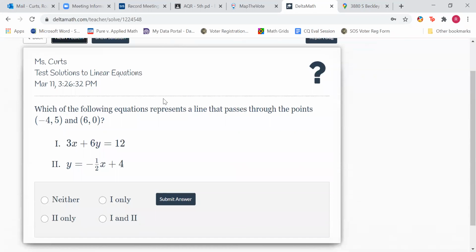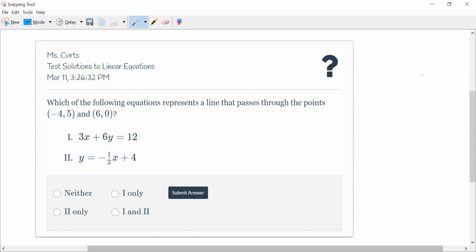Okay, this one I won't mess up on, so it'll be a little easier to follow. Which of the following equations represents a line that passes through the points -4, 5, and 6, 0? All right, so okay, I'm just going to say points are in red and equations are in blue.